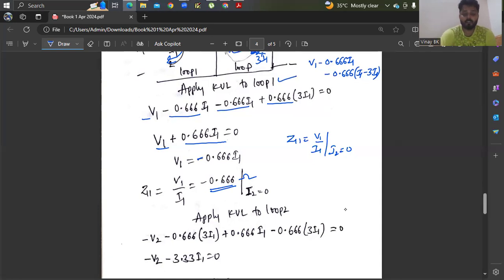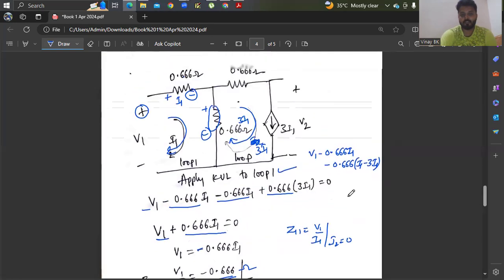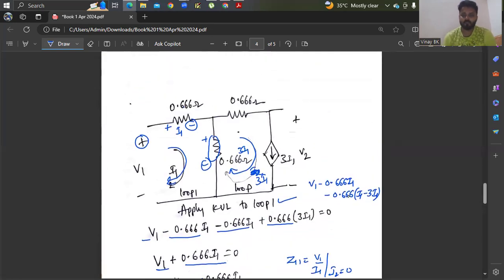Similarly, to find another ratio, that is nothing but V2 by I1 ratio, you are applying KVL to this loop here. This is what you can say as super loop current, but current flowing through this is 0. Therefore, you can simply apply KVL like this by neglecting that.